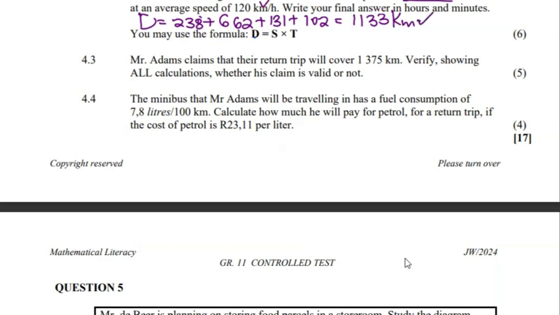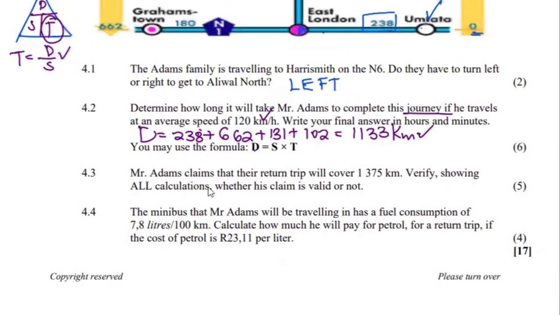We've got our distance and we already have our speed. What's remaining is to substitute into the formula. Let's look for our time, which says 1133 divided by 120. Here you have 9.444.